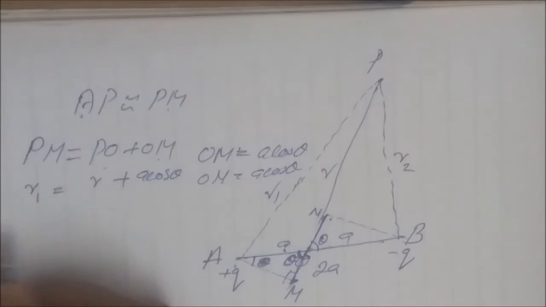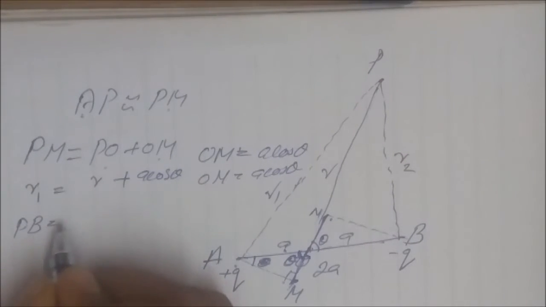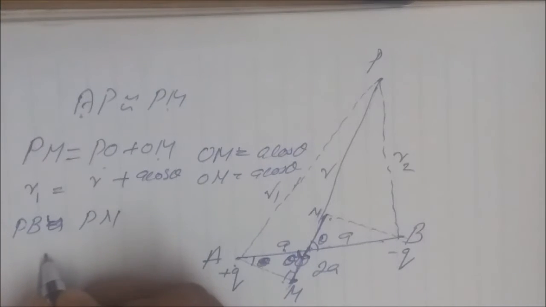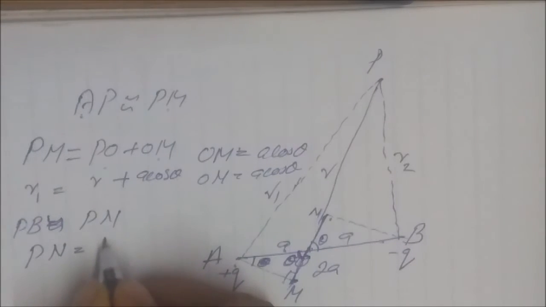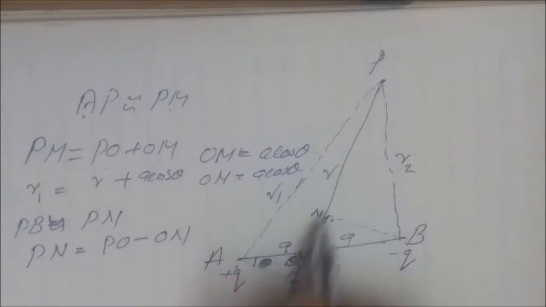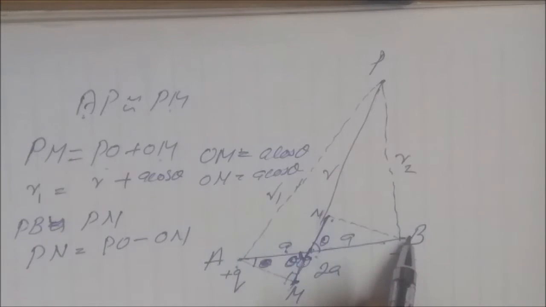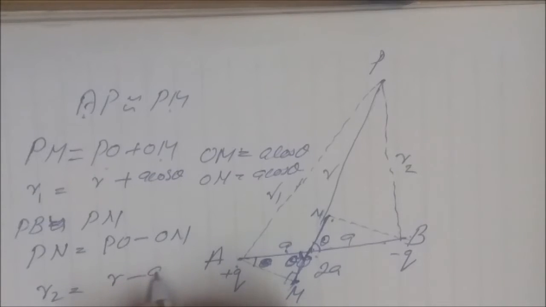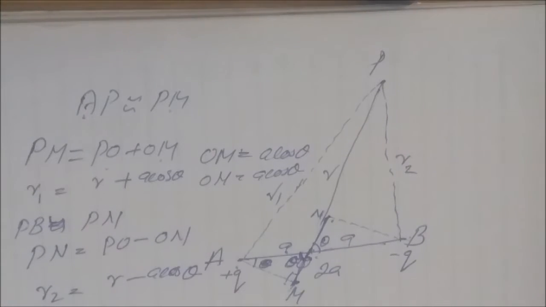And here PB is approximately equal to PN, and PN is equal to PO minus ON. PN and PB are equal, so we can write PN as r2. So r2 is equal to r minus a cos theta. Before starting we have to keep all these things in mind.